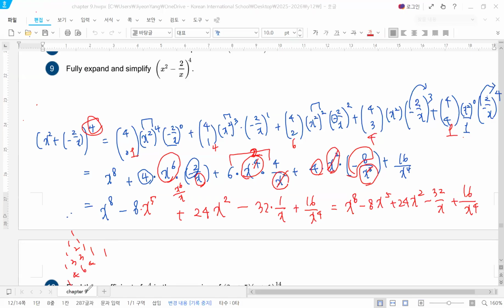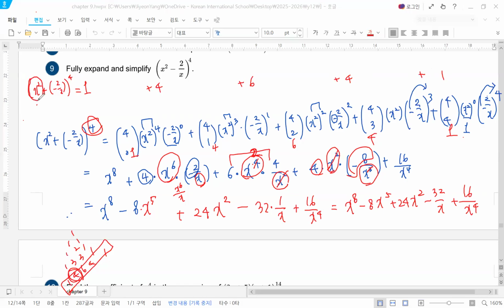Again the power is 4 here, so the first number is 4, and you can use this line. So x squared plus negative 2 over x, to the power of 4. Firstly, please write down the coefficients first: 1, 4, 6, 4, 1.